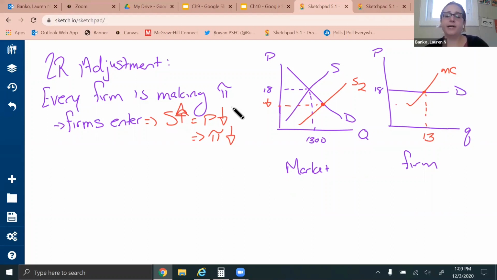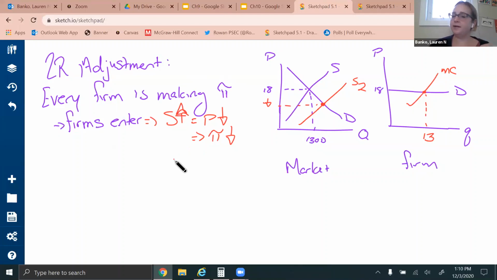So having a lower price means that our revenues are going to fall. We're going to produce less output, and we'll get lower and lower profits. Now, with profit falling, profits could go low and become negative. So we started off making money, but maybe with firms entering, it pushes us into losing money.